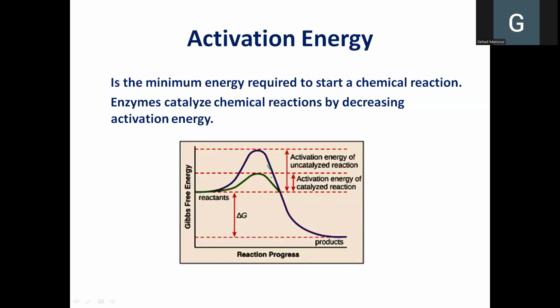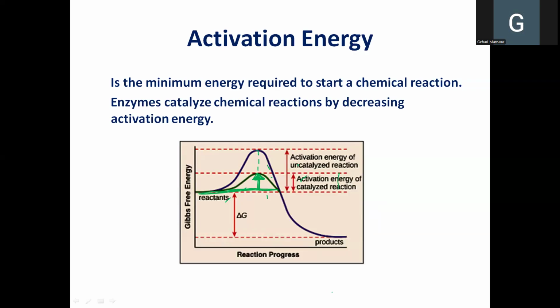Now, this is the original level of energy for the reactants. And you need to give them energy to start colliding with each other and giving products. In case of the catalyzed reaction with enzymes, you need only this amount in order for the reactants to give the products. But in case of the uncatalyzed reaction, you need a surplus of energy.